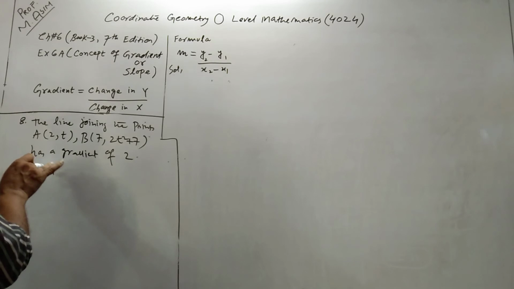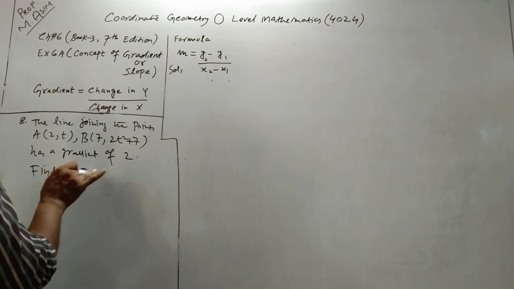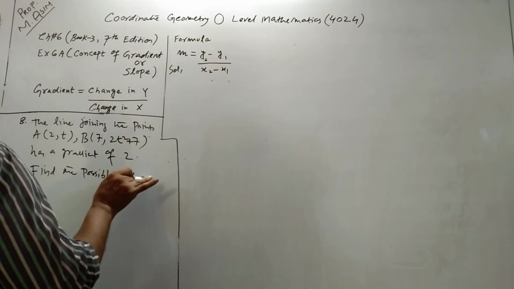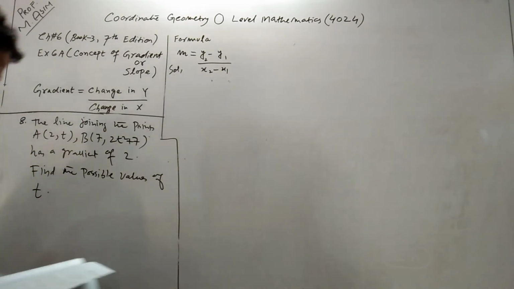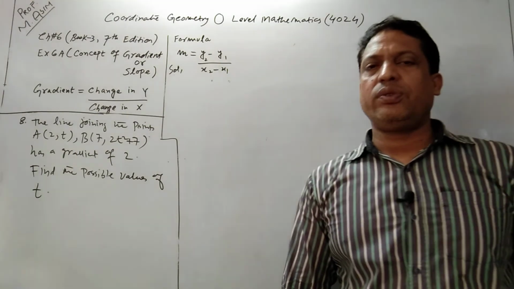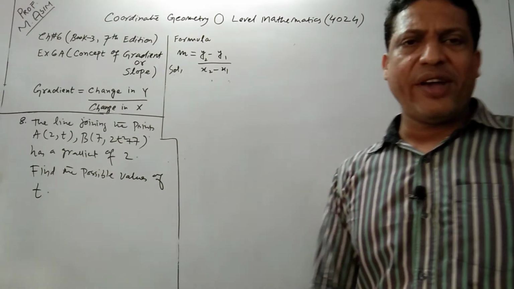Find the possible values of t. Again you can see "possible values". Values means more than 2 values. Student, this is a very easy question.